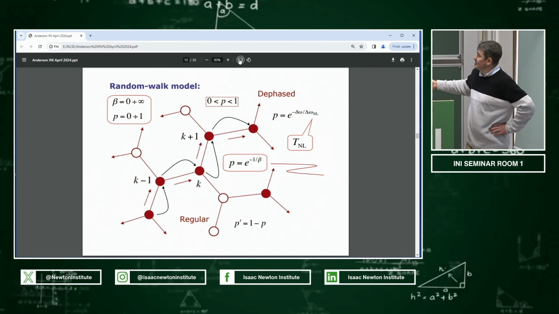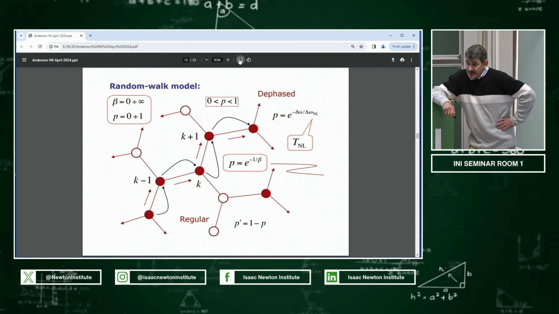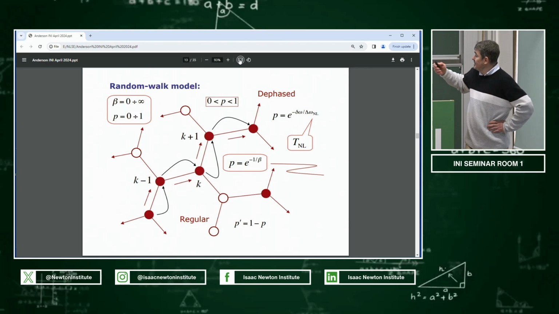And the nonlinear frequency shift is your temperature of nonlinear interaction. Because you remember the relative effect of nonlinear frequency shift does not depend on the width of field distribution, it appears that this is nothing else than 1 over beta. So you say that the probability for an oscillator to be in a chaotic state is exponential of minus 1 over beta.